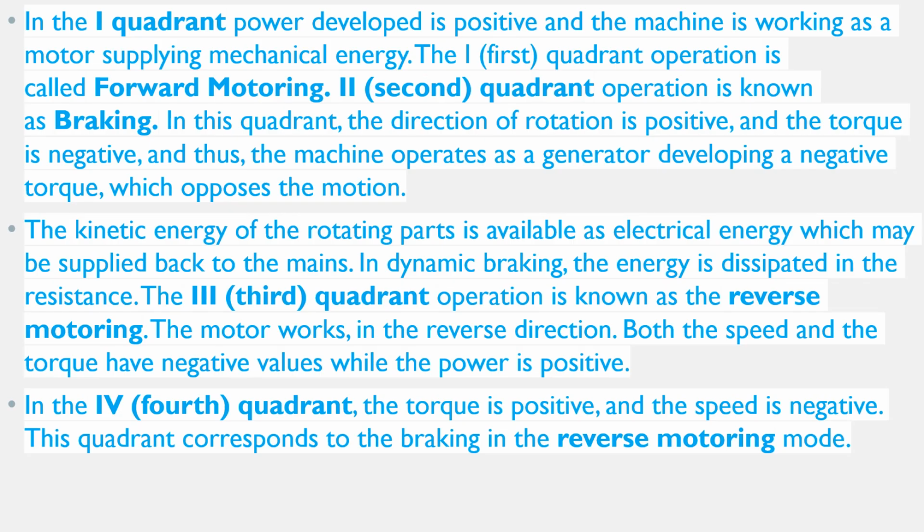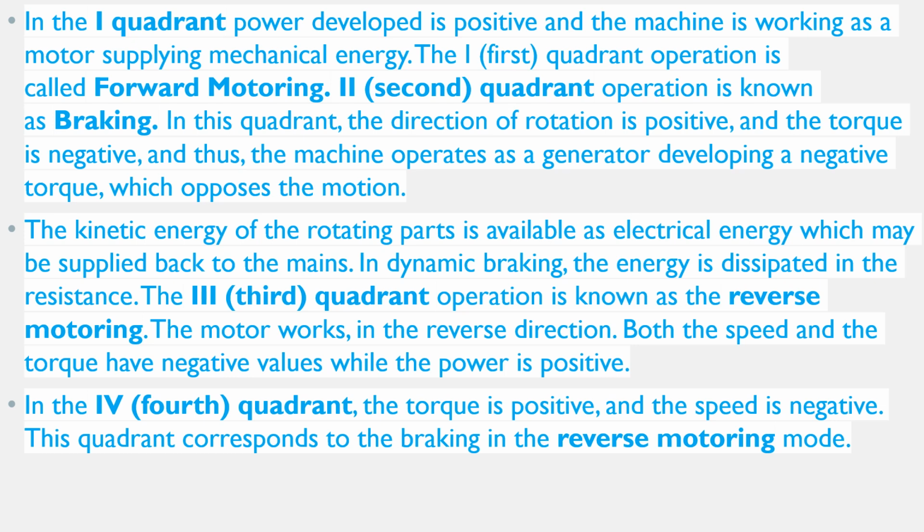In detail, in the first quadrant, power developed is positive and the machine is working as a motor supplying mechanical energy. The first quadrant operation is called forward motoring, and the second quadrant operation is called forward braking.